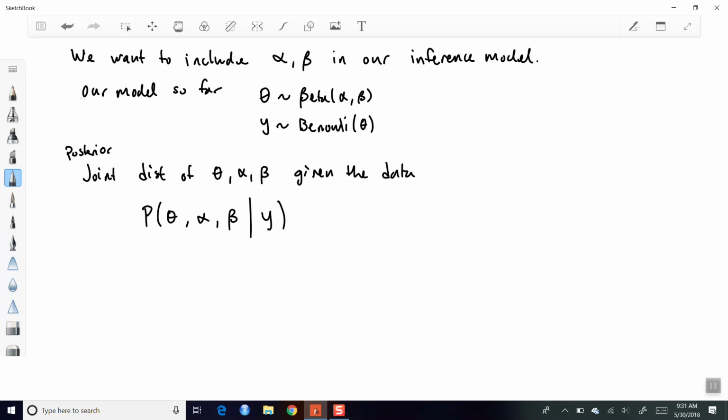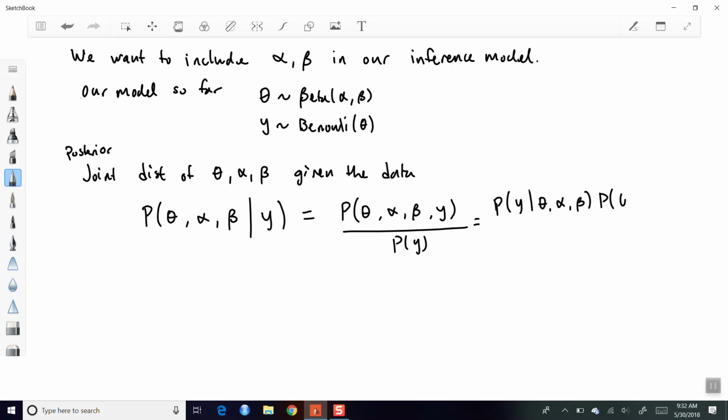And from Bayes' rule, we can say that this is going to be theta, alpha, beta, and y divided by probability of y, okay? And this itself can be probability of y given theta, alpha, beta times the probability of theta, alpha, beta divided by the probability of y. Okay, is that all right?